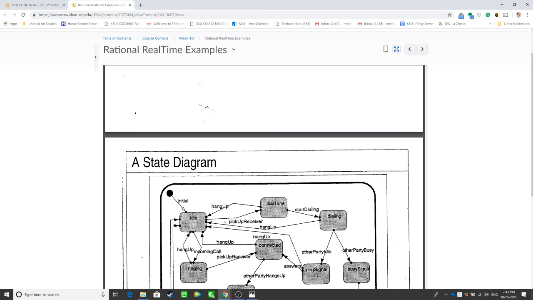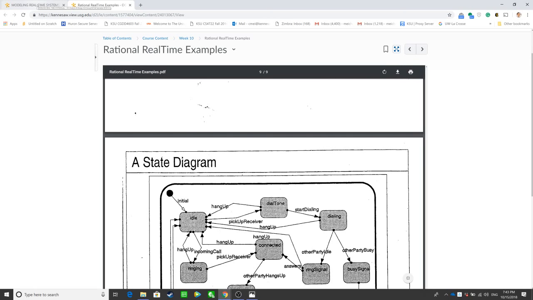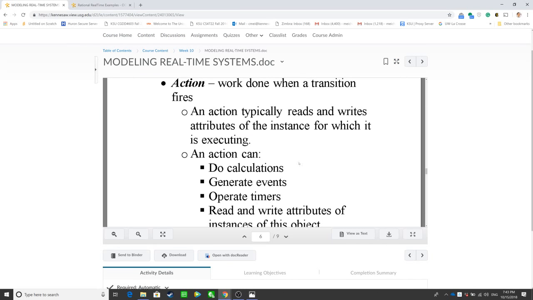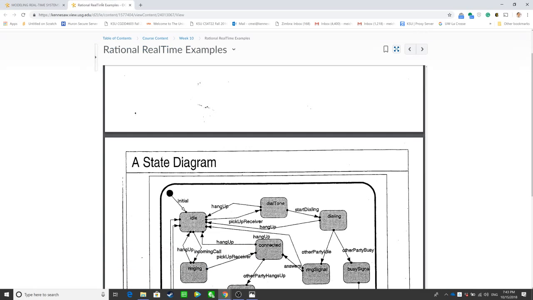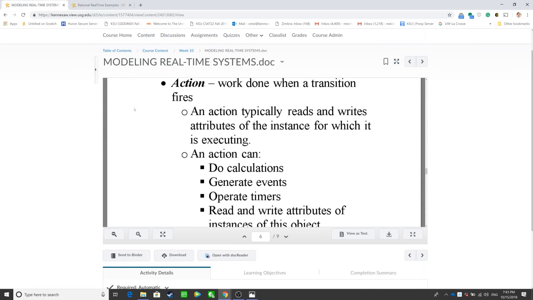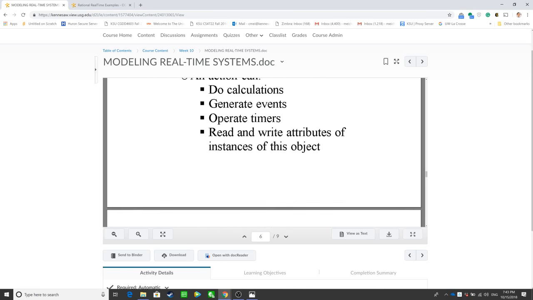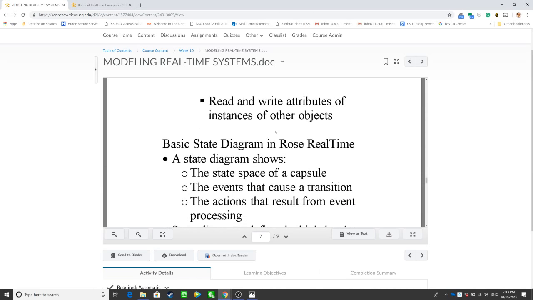These things happen. That's the action. You can see the action that's actually happening here, but it's not represented here. We can see only state transitions and events here. But actually, when you transition from one state to another state, of course, there are some actions being taken. Otherwise, how can that transition happen? Read and write.